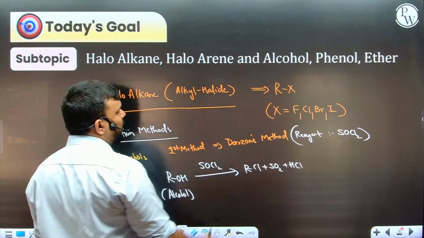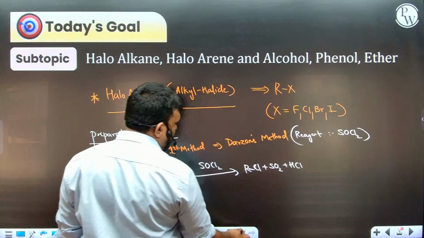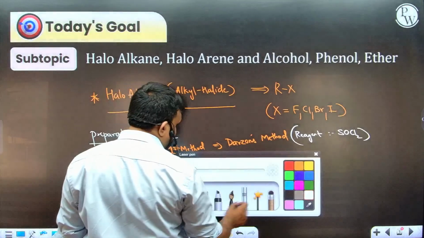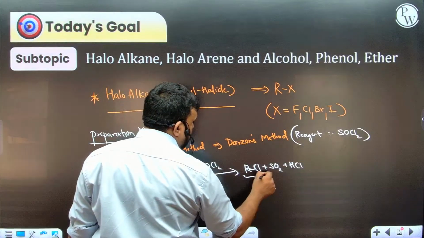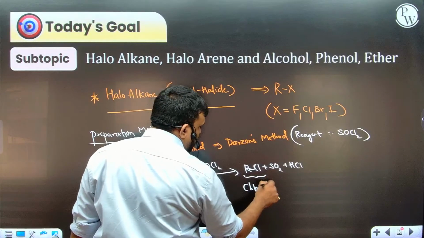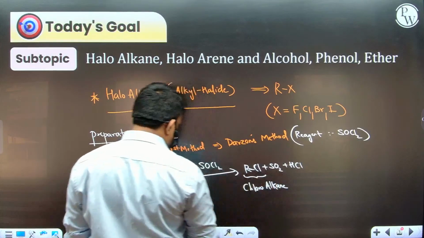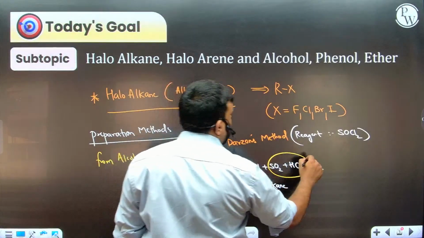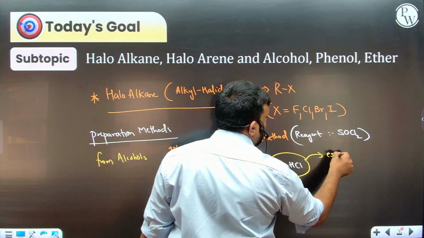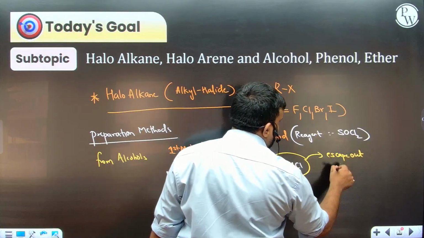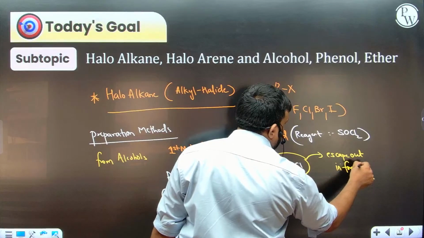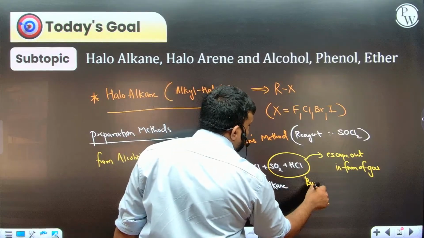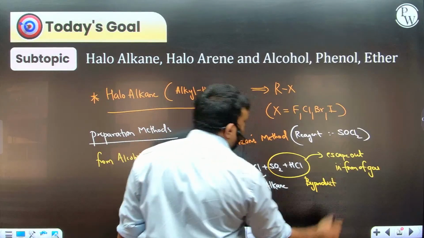Why is this a good method for preparation of chloroalkane? Because all the byproducts we get here, SO2 and HCl, escape out in the form of gas.